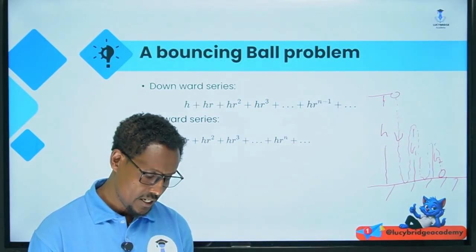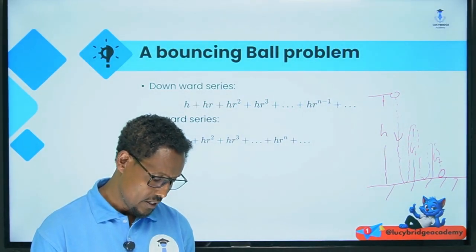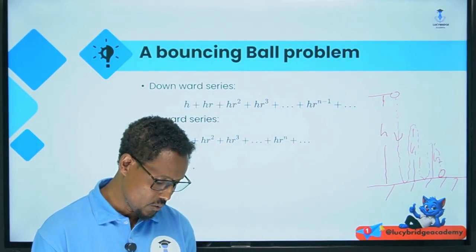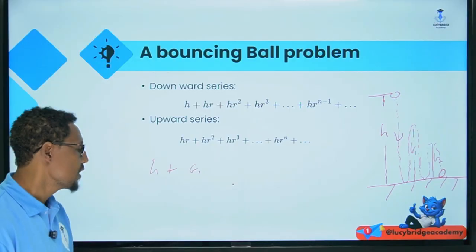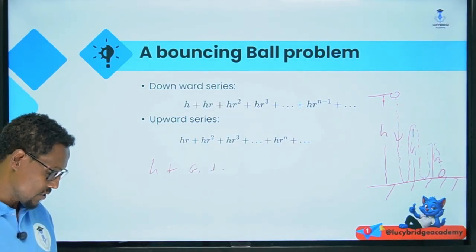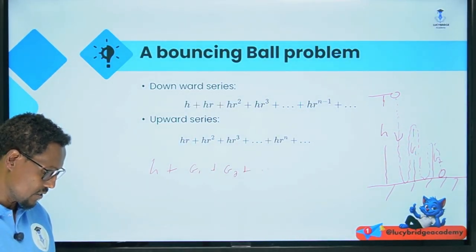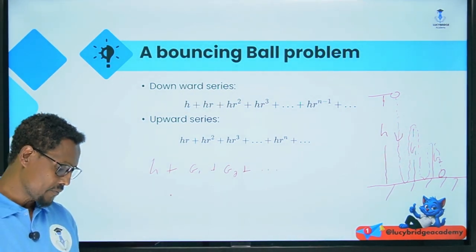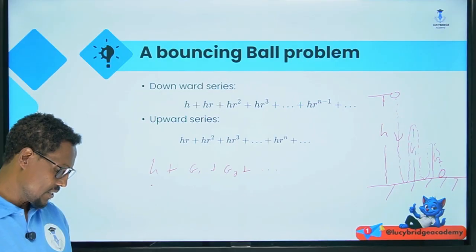In this case the height that is covered by the ball is h plus g1, okay, h plus g1 plus g2 plus and so on, it continues. But what is the question?